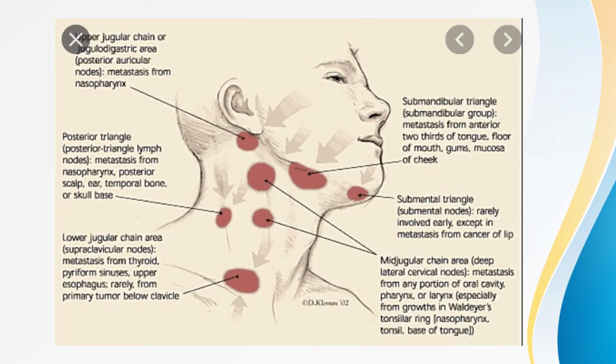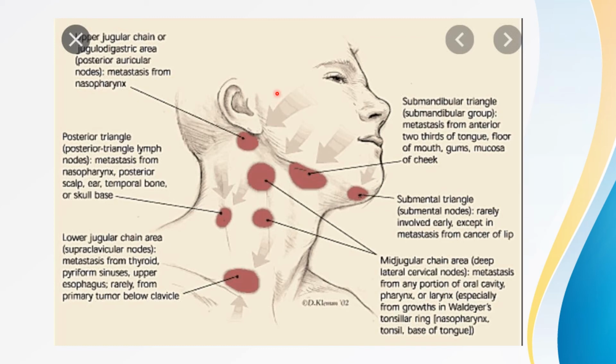The following are some of the areas that we can palpate. Of course, this is your mentum, so there are submental lymph nodes herein. The submandibular lymph node, the upper jugular lymph node.